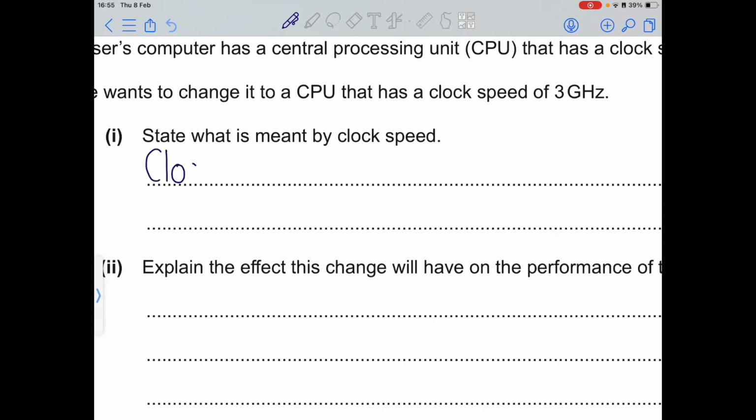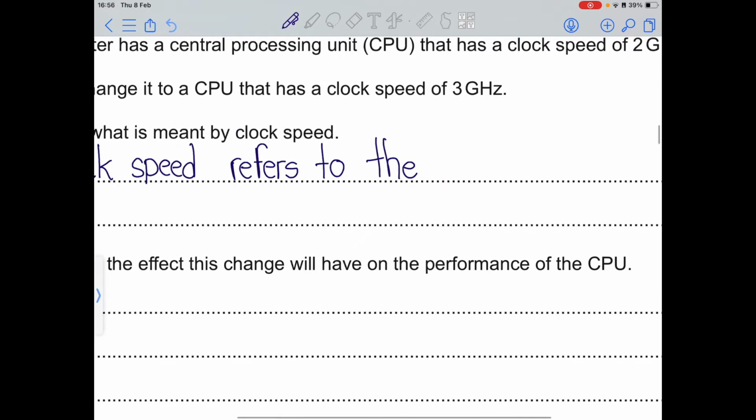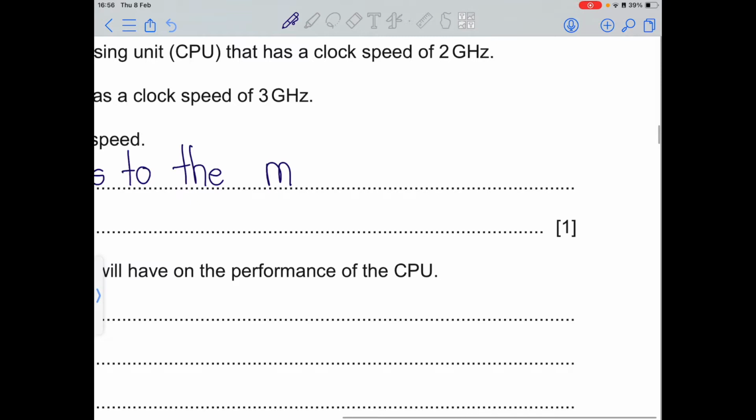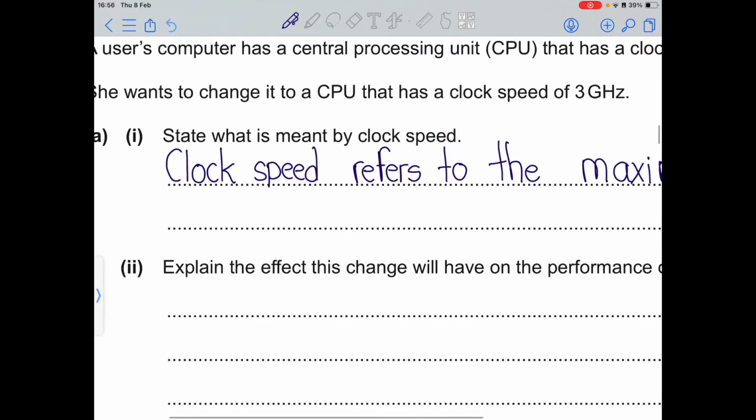Clock speed refers to the maximum number of instructions that the CPU can process in a second.